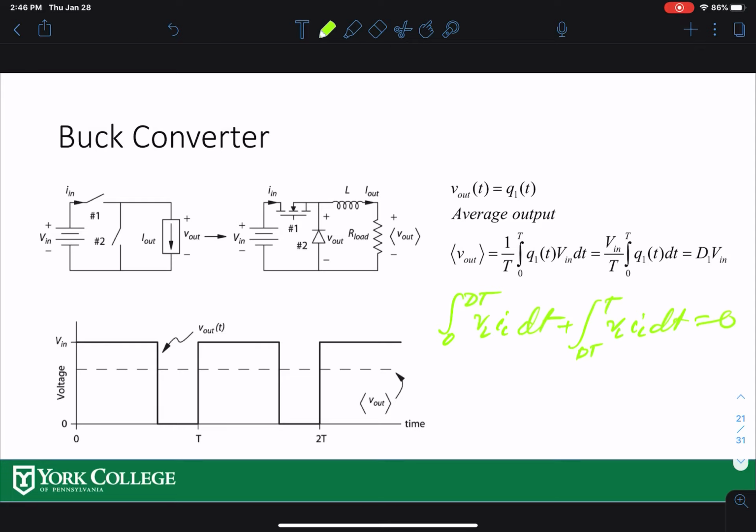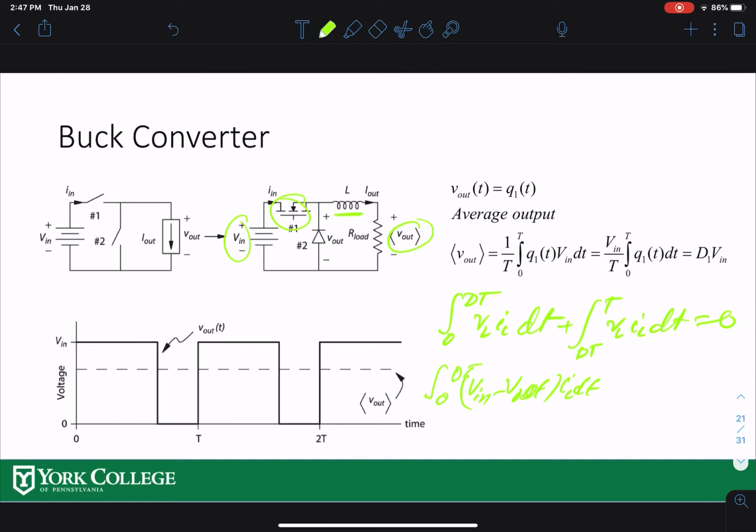V_L is the voltage across the inductor. When this switch is on, the inductor will have the voltage which is the difference between input voltage and output voltage. So over 0 to DT, V_L would be V_in minus V_out, times I_L dt. We have done it before.